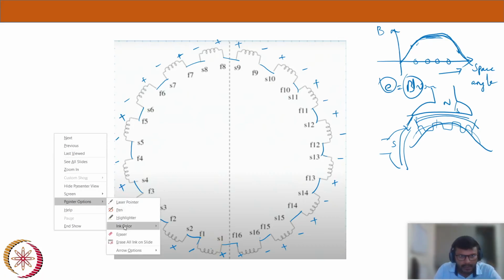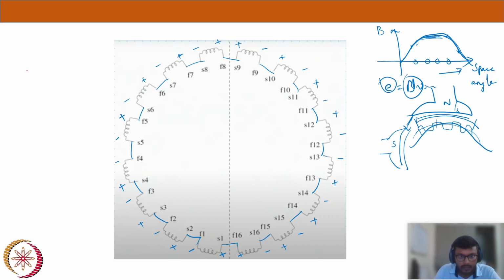Let me take a different color for that. Let me take a red color. At each junction, what I will do, I will draw a wire.